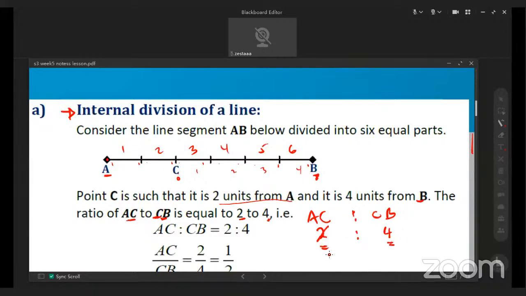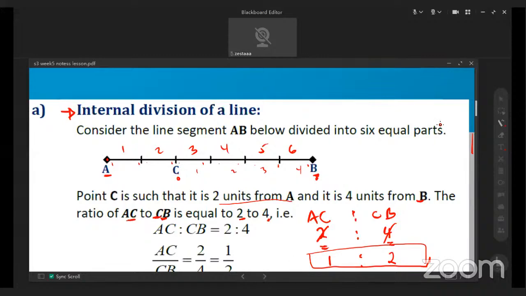So when you reduce this by 2, you get 1 to 2. This will be your final ratio, from A to C, C to B. I don't know if we get that. So when you're dividing up the line, this is how the ratios come about: we are looking at points and how many units they are from another point.